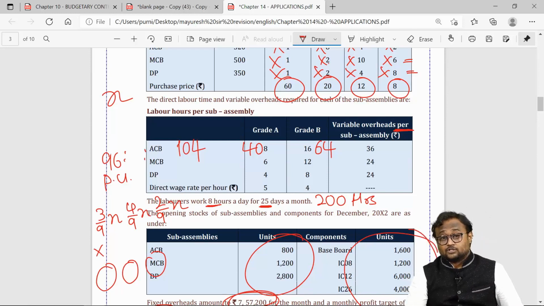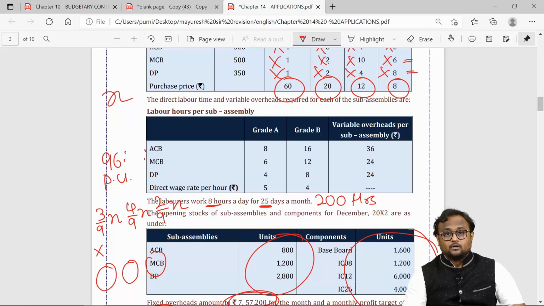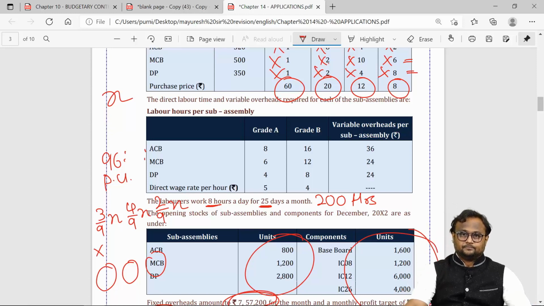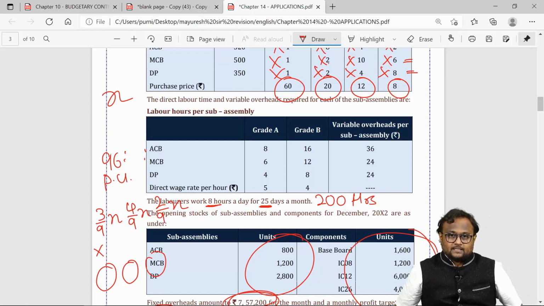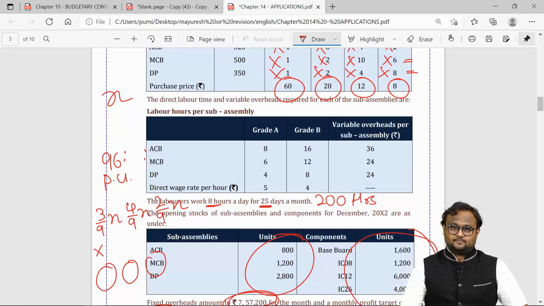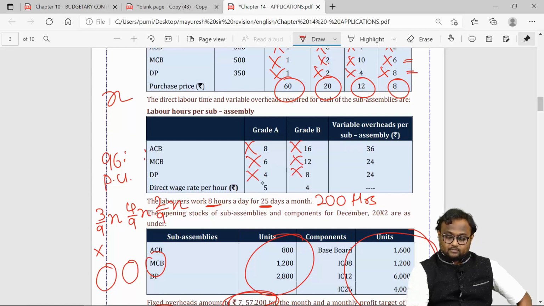For labor, yes, there was a separate calculation required. You are first supposed to calculate the number of hours required on the basis of production. Since you have 2 grades of labor, there will be 2 columns. Quantity to be manufactured of ACB into Chin2, quantity of MCB into Chin2, quantity to be produced of DP into Chin2 will give you total hours.